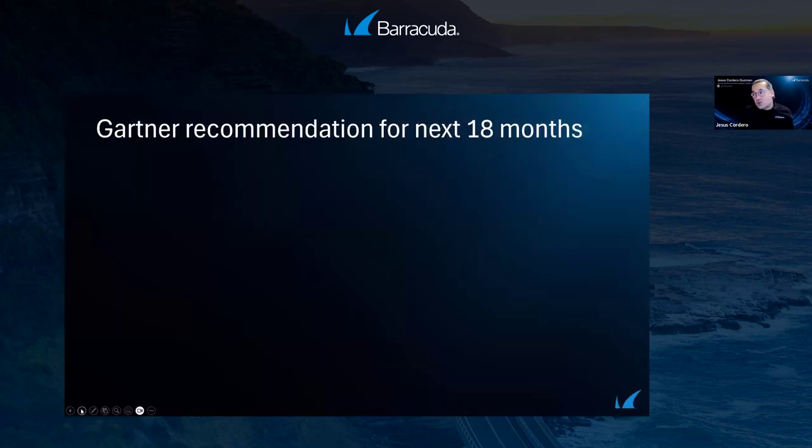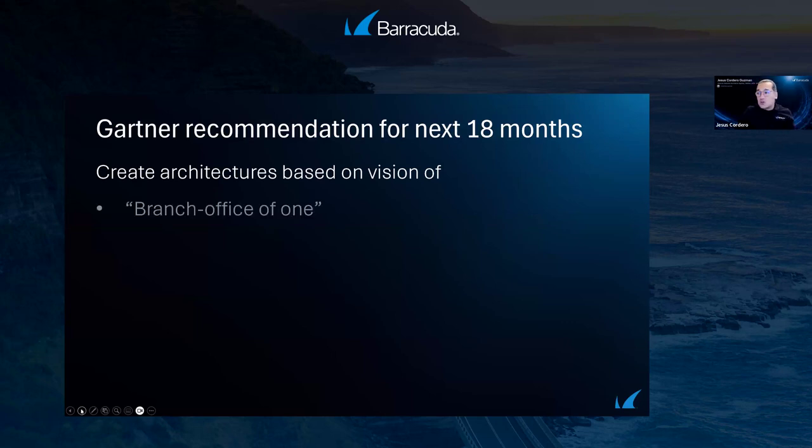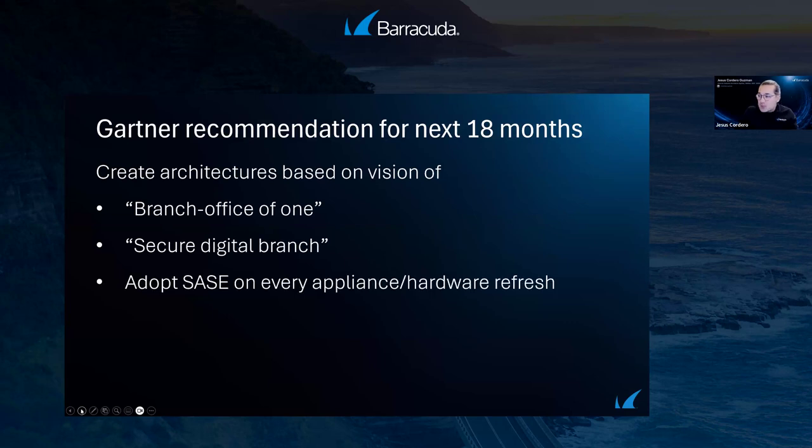Let's stick with the recommendation of Gartner for the next 18 months. They are saying that we need to create architectures based on the vision of the branch office as one secure digital branch, which covers everything we are creating in terms of data creation and consumption. Adopt SASE in every appliance and hardware refresh. It means if you are sitting on legacy solutions with a lot of standalone products that you need to configure separately, we don't have the time, sometimes we don't have the resources, and we don't have the budget to maintain all of them.